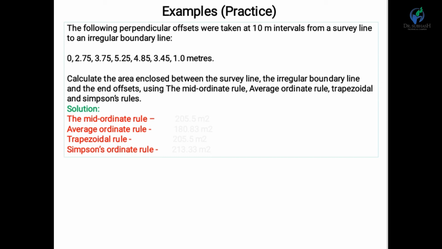We have to calculate using the mid-ordinate rule, average ordinate, trapezoidal and Simpson rule. Some answers are also given, and we have to find the answers. That is a practice example, so you have to work it out by hand.